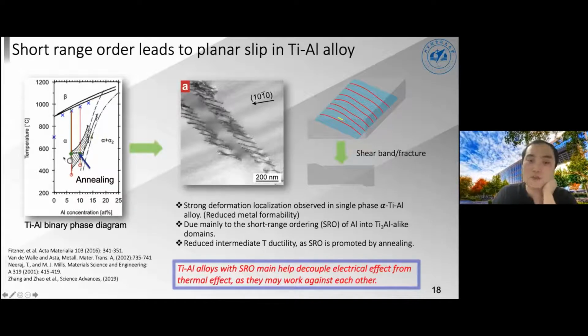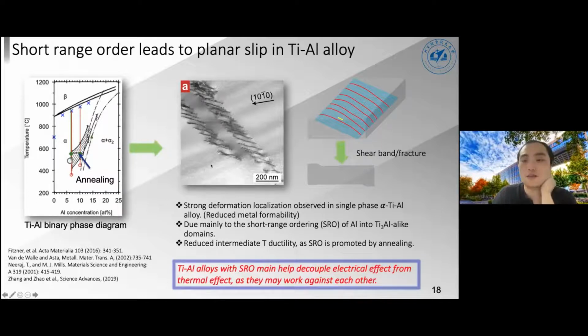However, even within the solubility limits, if you heat up the sample at intermediate temperature, aluminum tends to undergo something called short-range ordering, leading to the formation of short-range DO19-like domains, usually within a couple of nearest neighbors. This is a well-known phenomenon which has been documented in the literature.